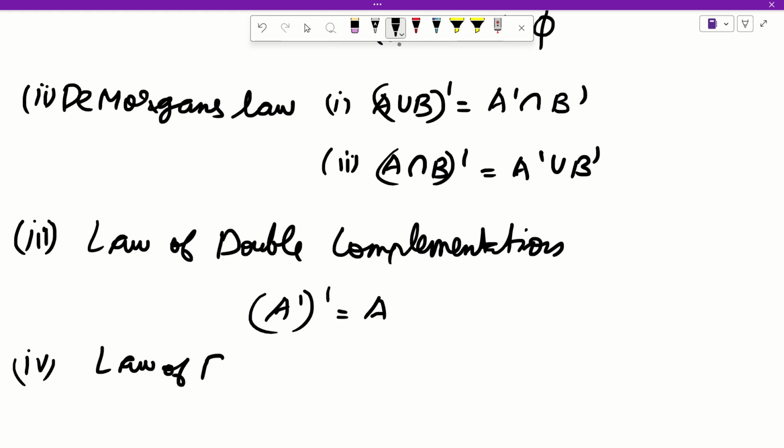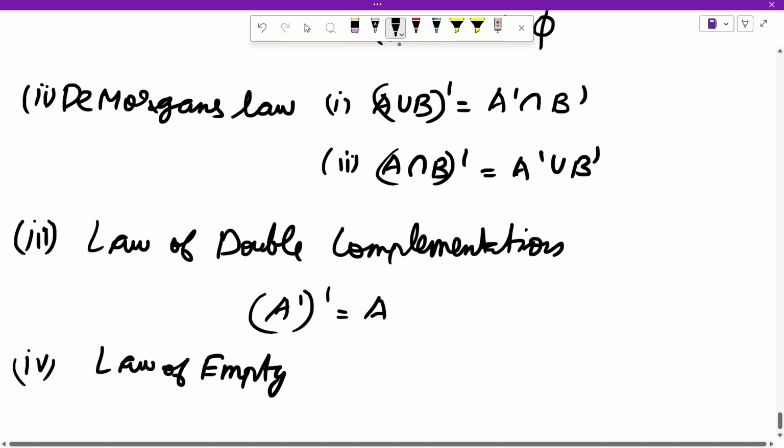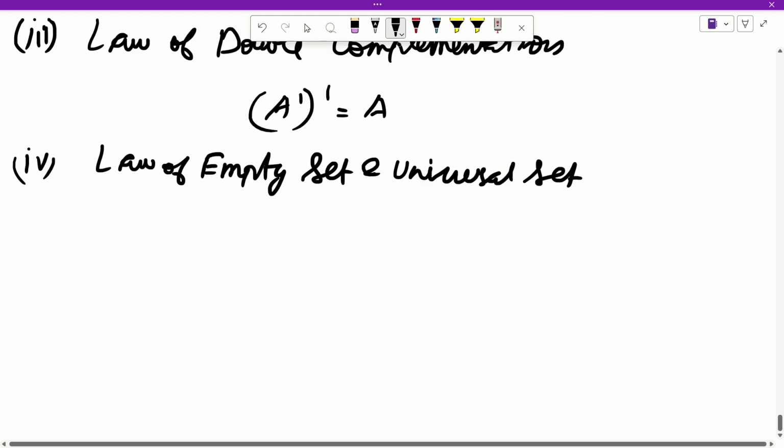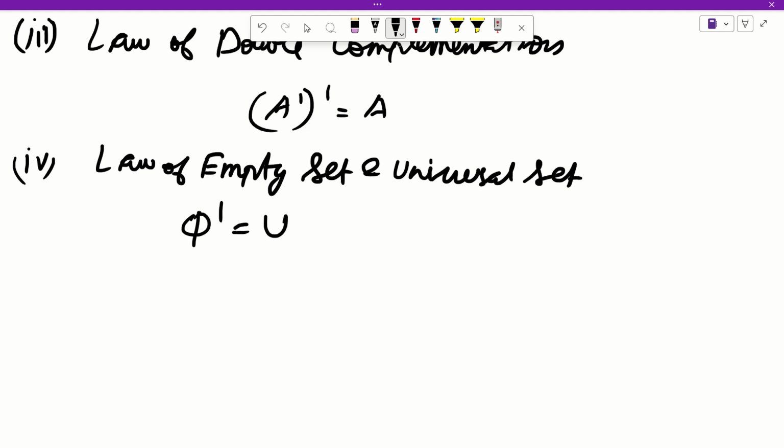That is phi dash is equal to U and U dash is equal to phi. Okay. Fifth one.